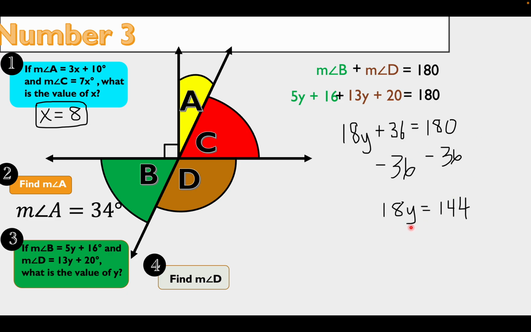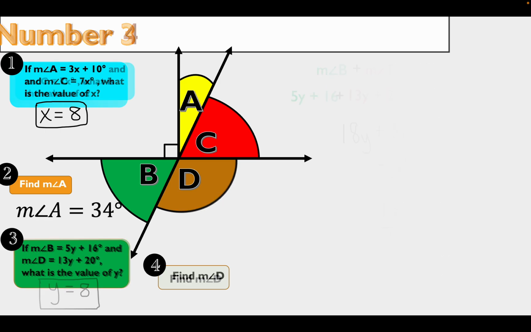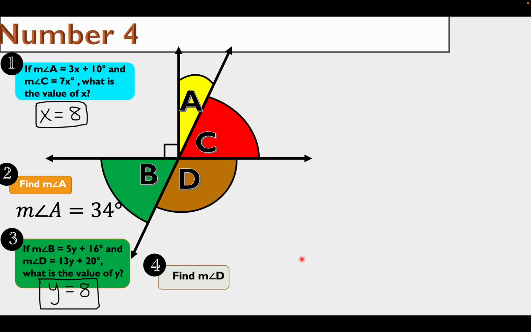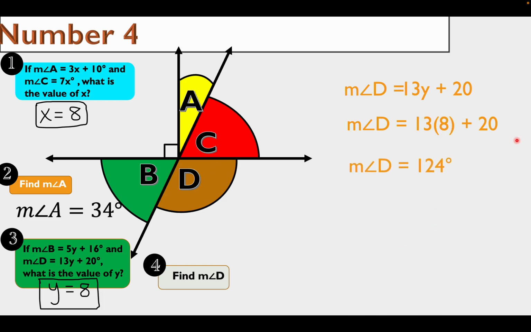We're left with 18y equals 144. Divide by 18 on both sides, and we're left with y equals 8. Now we know that y equals 8, we can find the measure of angle D. Angle D, remember, is 13y plus 20. So we can plug in our value of 8 for y and calculate it, and we would get 124 degrees.